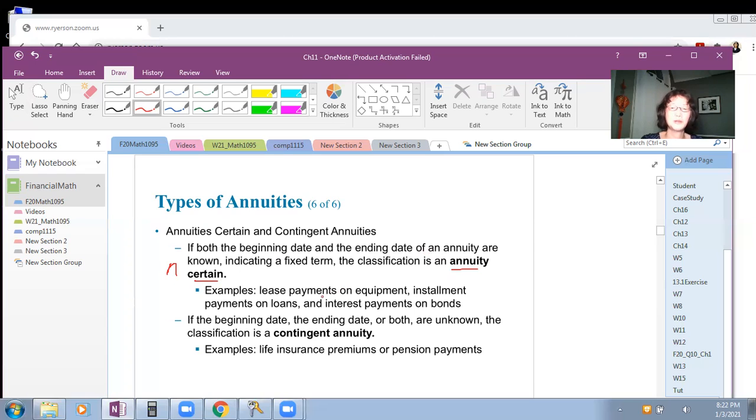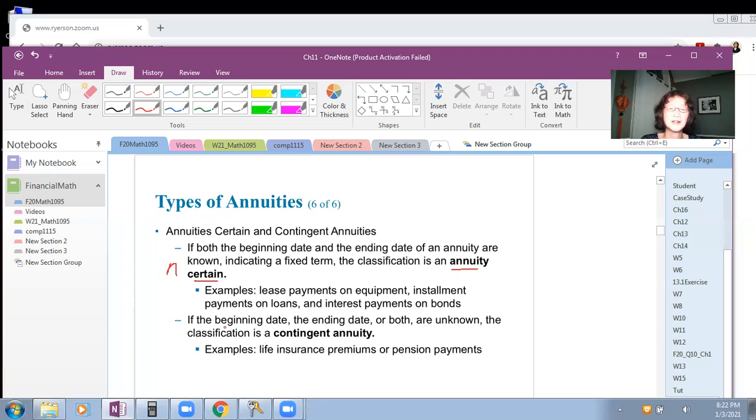For example, your mortgage payment or your rent payment. You know when the lease ends when you rent the apartment, maybe 2 years or 3 years. When you buy a house, maybe it is a 20-year or 25-year mortgage. You know the period of the mortgage.